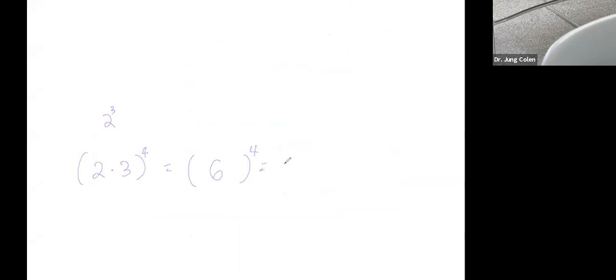So what is 6 to the 4th? Does anybody have the answer? That should be the same as 2 to the 4th times 3 to the 4th. How about you compare these two answers and come to class next time? Or, no, not really. Let's just do that now.